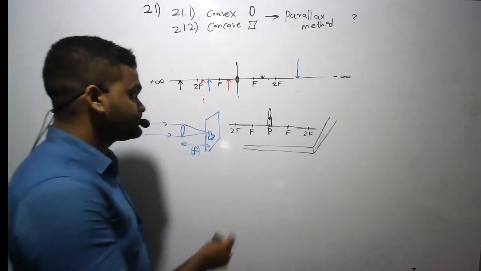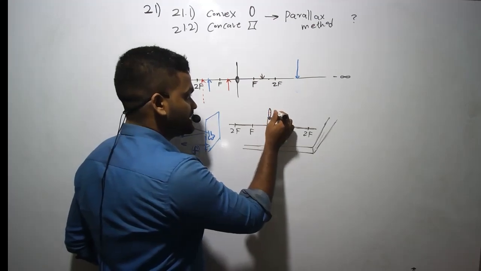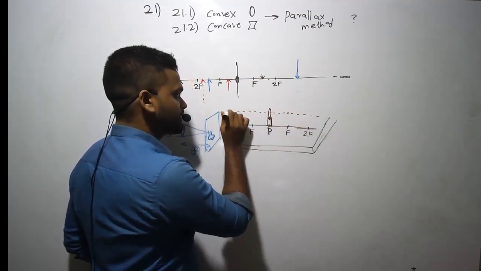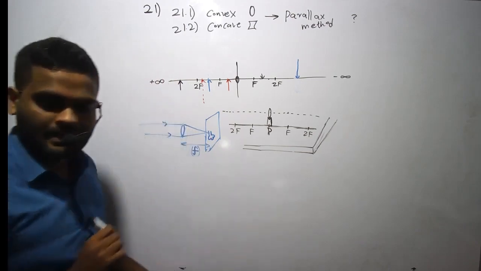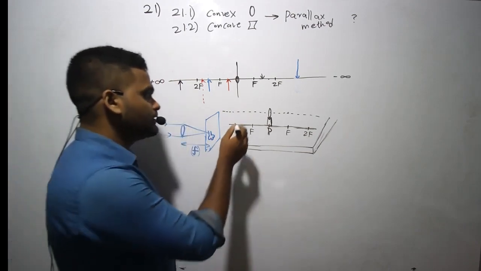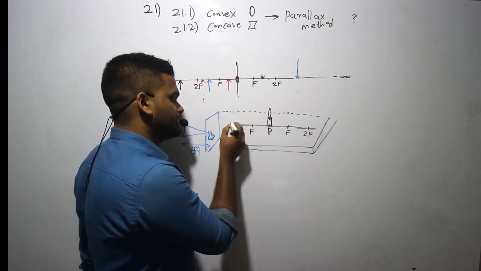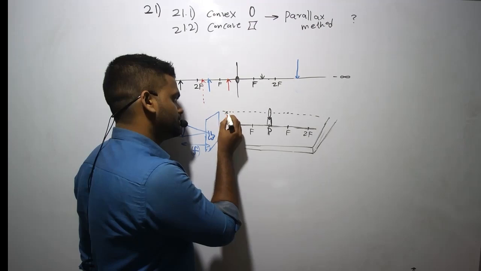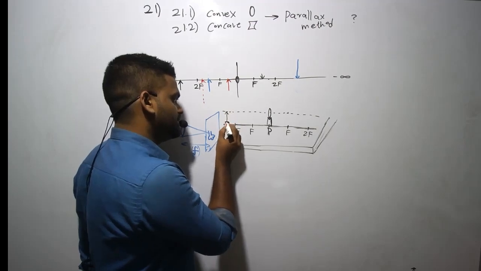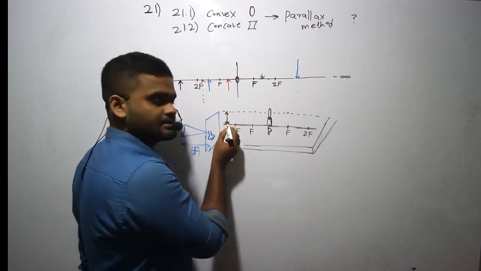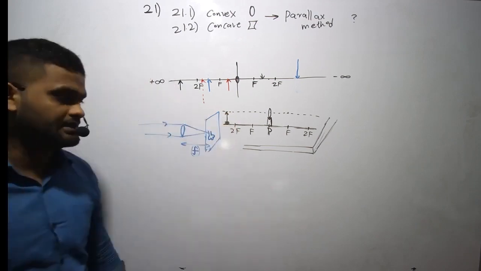Then we have the principal axis here. On this line, we can position the object pin. These are just optical pins, like needles, mounted on stands.